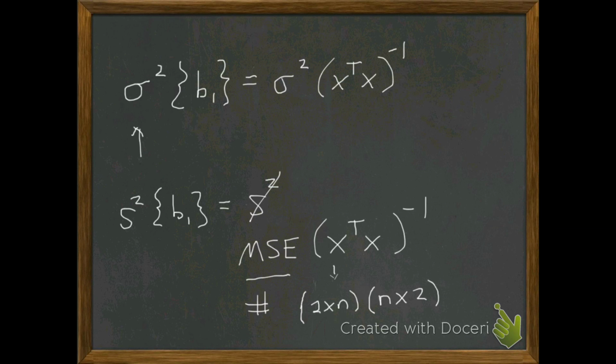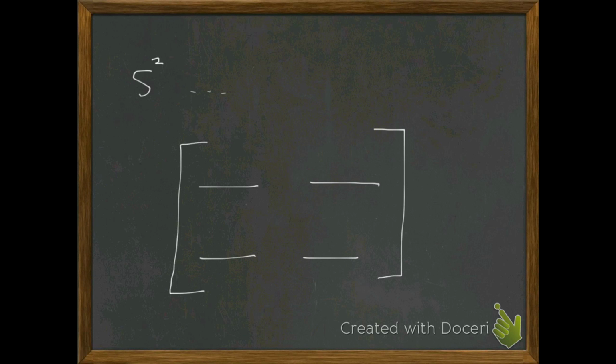Applying the inverse doesn't affect what the product is going to be. So ultimately, we're going to end up with a 2 by 2 matrix. So the standard error here is going to end up with a 2 by 2 matrix.